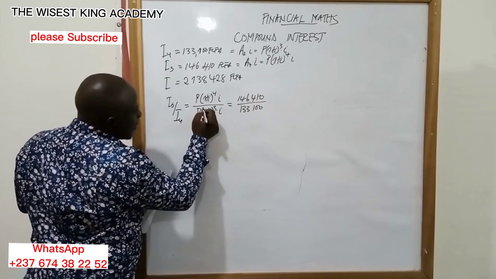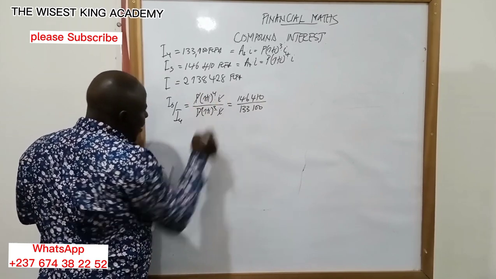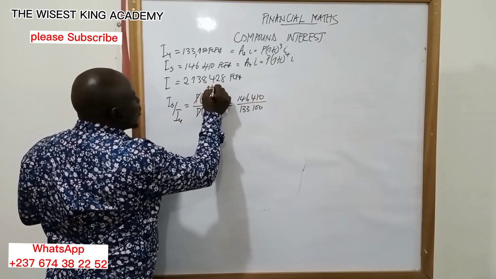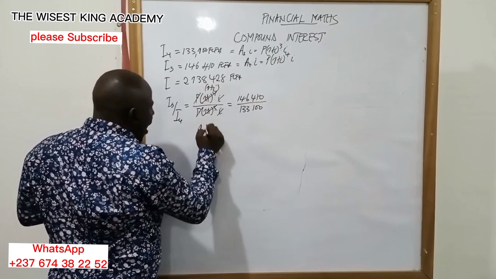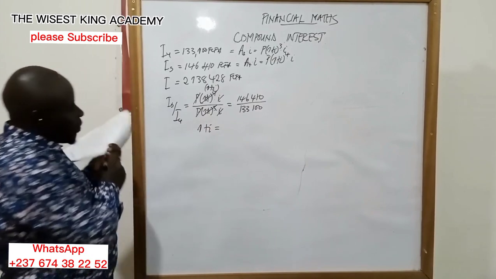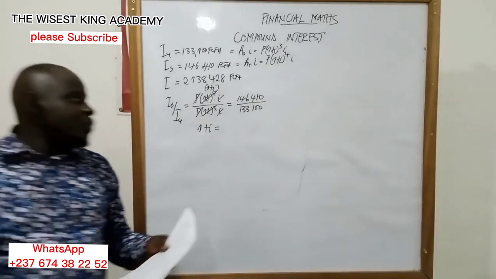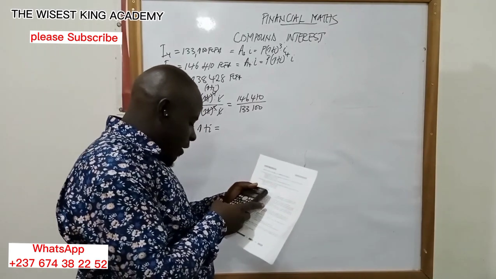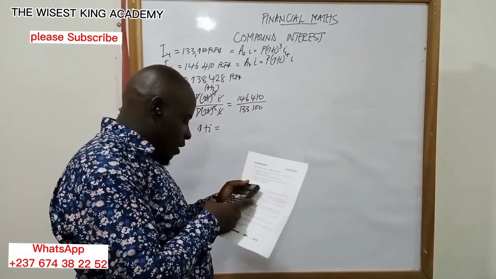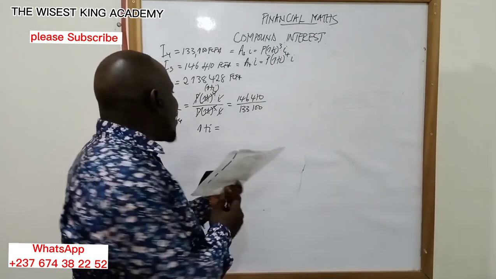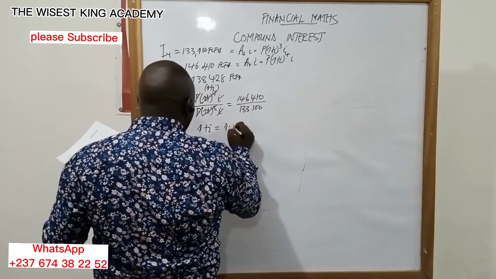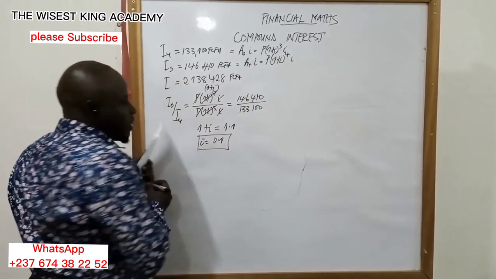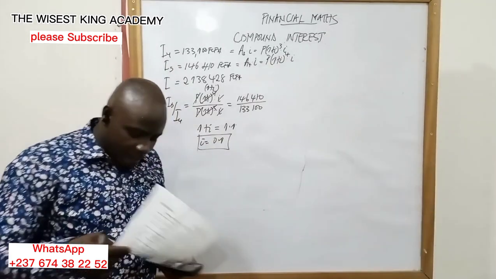So here, P and P will cancel, I and I will cancel. 3 of these will cancel, 3 here will be left with 1 plus I. So 1 plus I will be equal to 146,410 divided by 133,100. That's 1.1. So I will be equal to 0.1 or 10%. That's I.